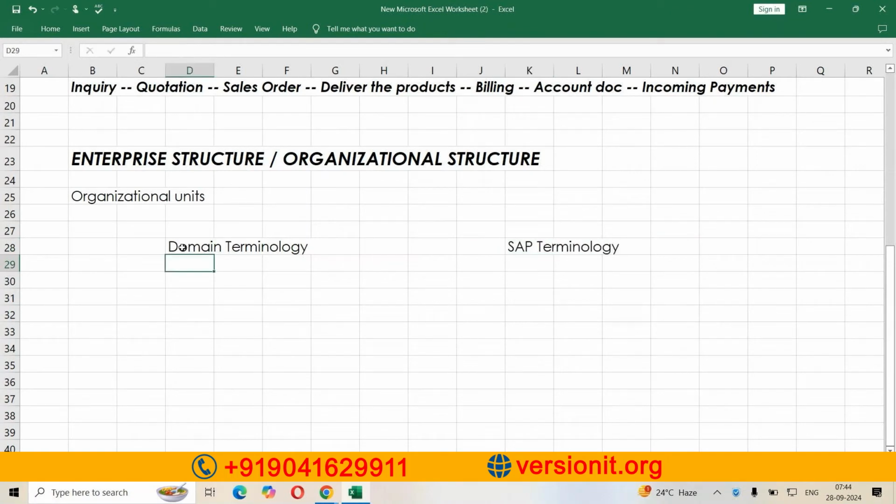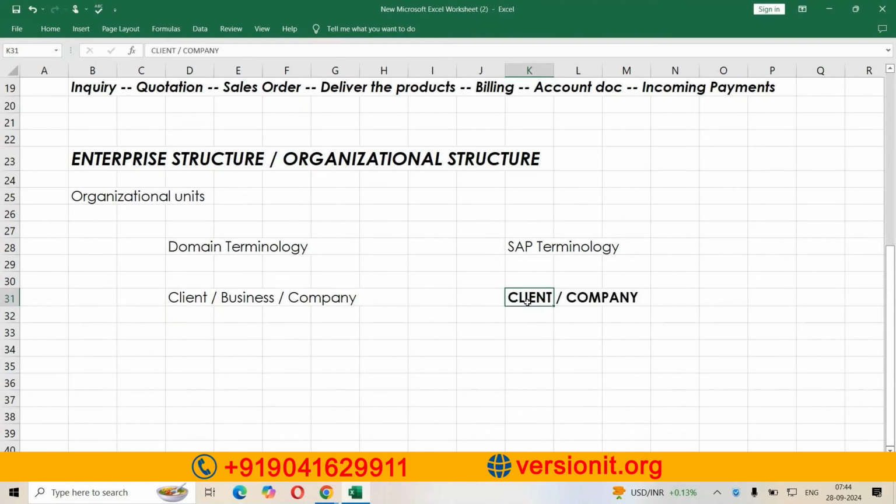Now, when we talk about this domain terminology, the first term we call a client, or you call it a business, or you can call it a company. A company which wants to use SAP, we are going to be calling it a client in SAP. This is the terminology which will be used.